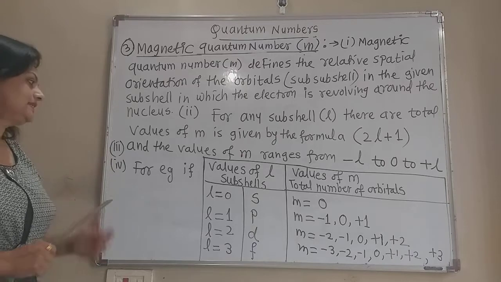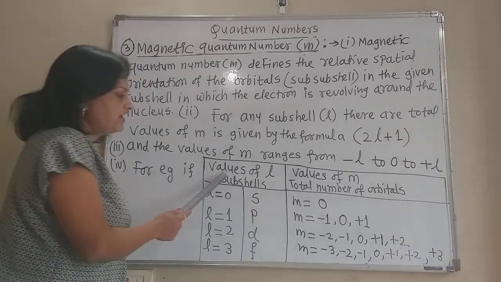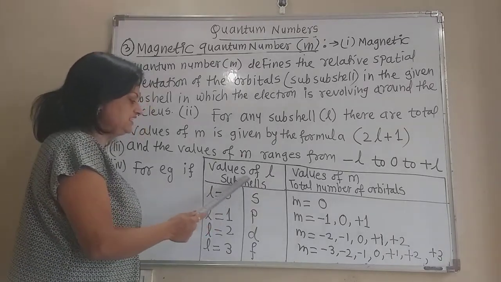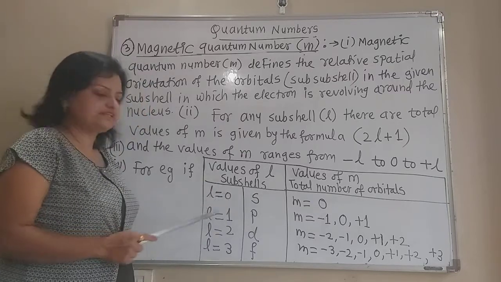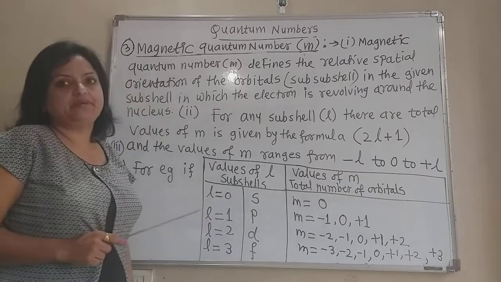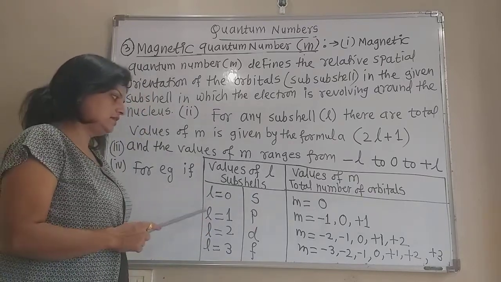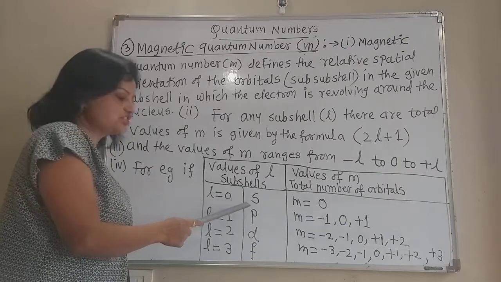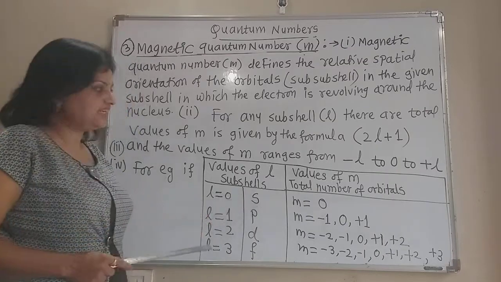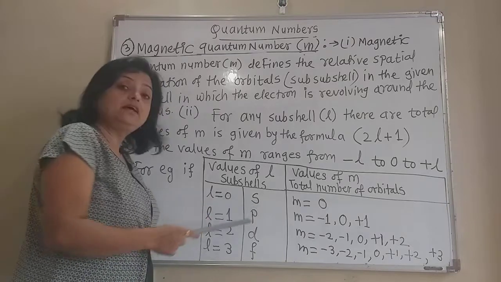Now see, for example, if the value of L is 0, that subshell is called the s subshell. You know that. When L is equal to 0, that subshell is called the s subshell. And how many orbitals does this s subshell contain?